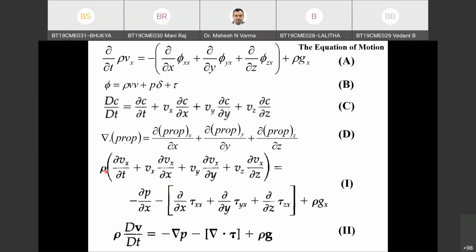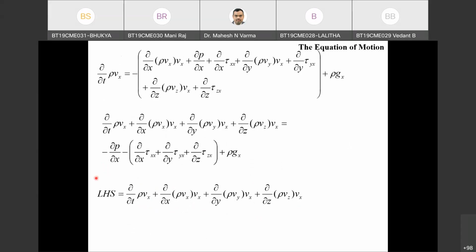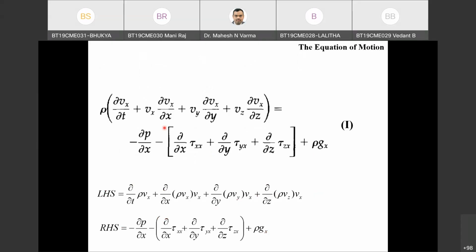Only LHS I have not got. So first we have arranged RHS. This RHS we already got. Now this needs to be rearranged. We got the RHS. Now I need to prove that this equals this.